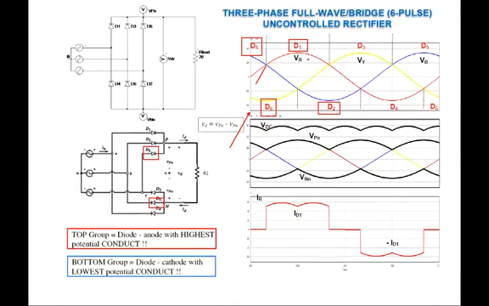So if you label all the diodes in this three-phase supply waveform, we're going to have D1, D3, D5, and then the bottom group we have D2, D4, D6, and that's why the labeling of the diodes is always D1, D3, D5, D2, D4, D6, so that we have a nice arrangement.